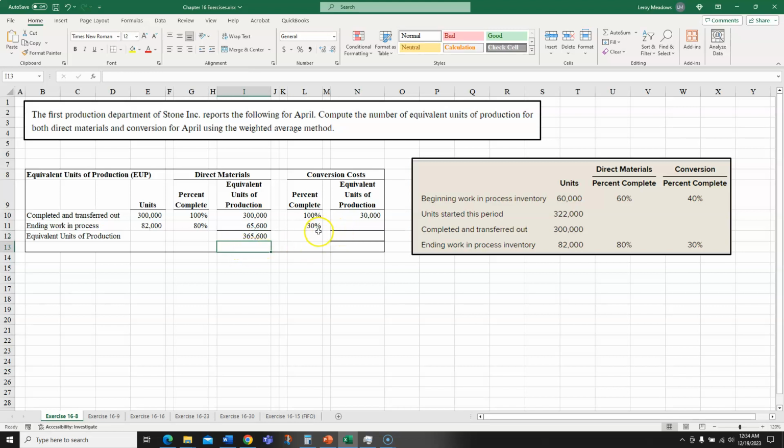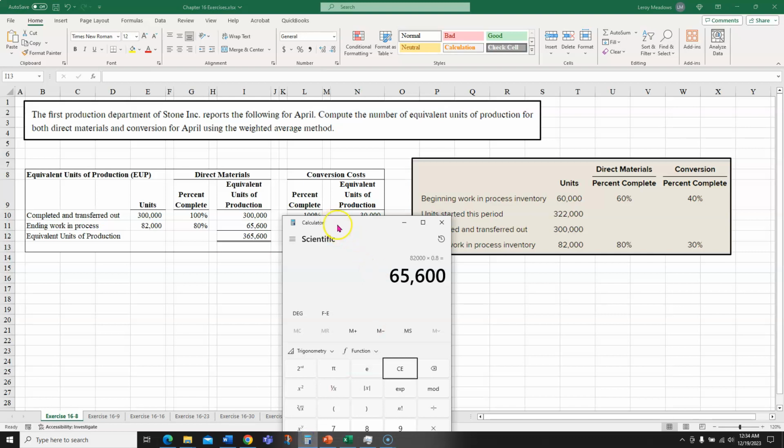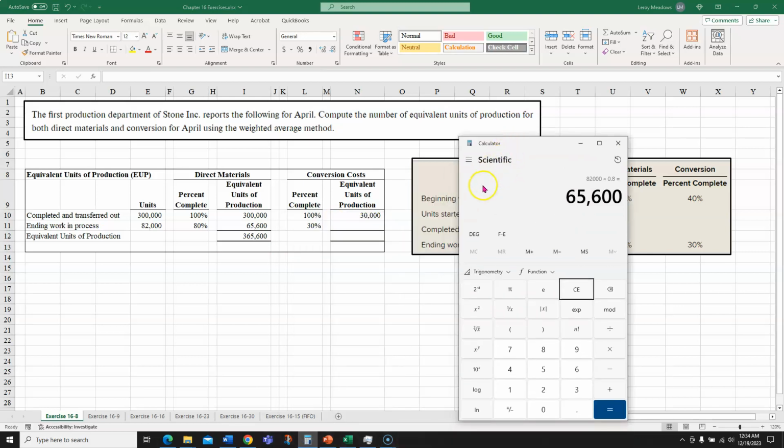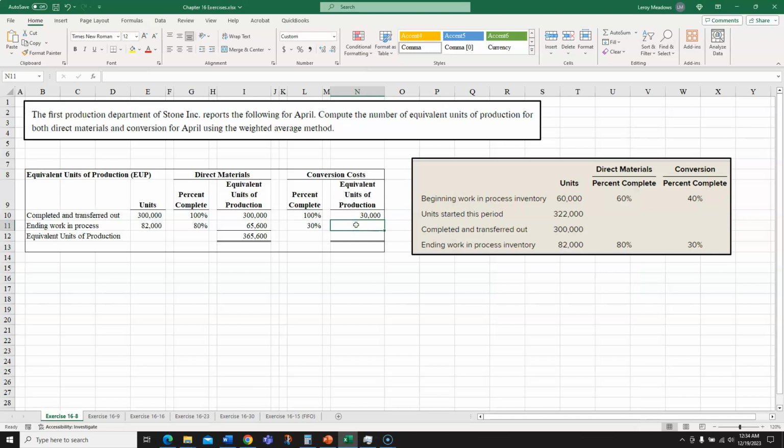Now let's look at conversion costs. Out of those 82,000 units that are started but not yet completed, for conversion, they are only 30% complete. So how many equivalent units of production do we have? 82,000 times 0.30. So my equivalent units of production for ending inventory is 24,600 units.